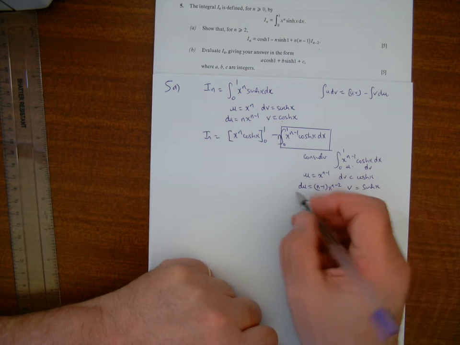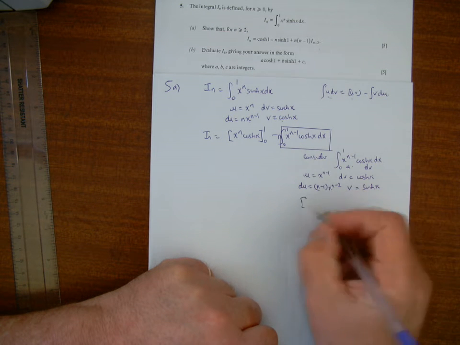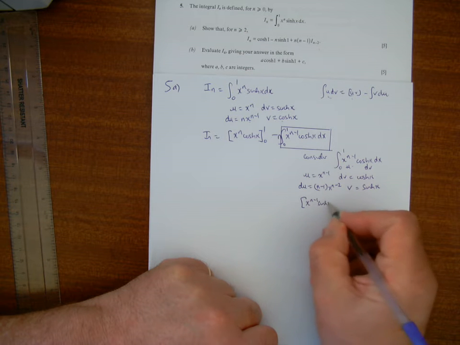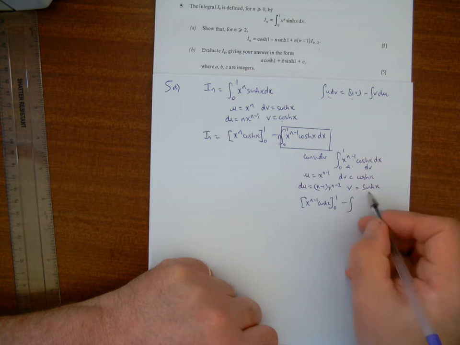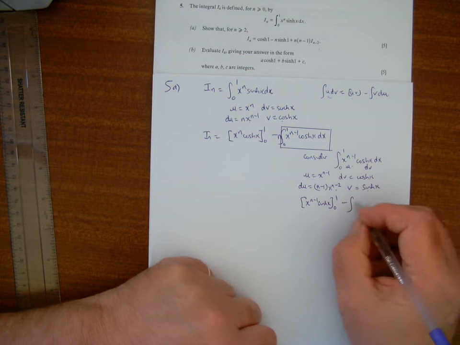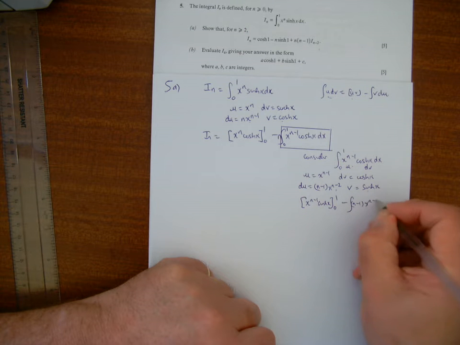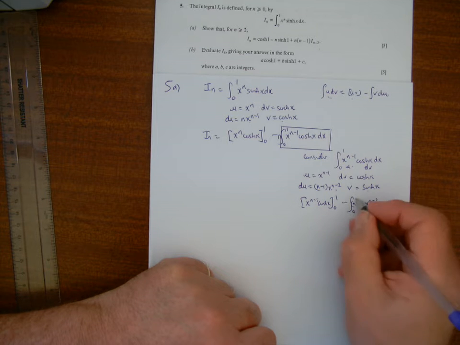So using the formula, that's going to equal uv, which is x to the n minus 1 sinh x from 0 to 1, minus the integral of v du, which is n minus 1 x to the n minus 2 sinh x dx from 0 to 1.